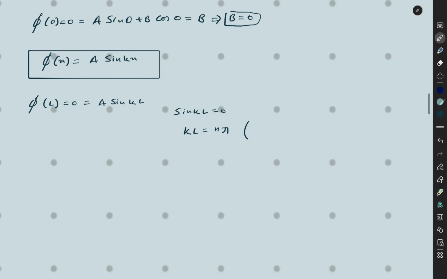Now what can be the value of n? n can be 0, 1, 2, 3, 4 or whatever.